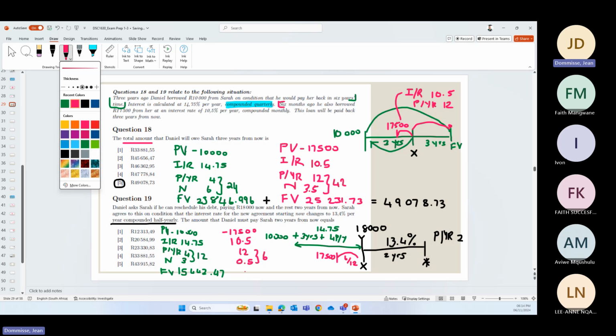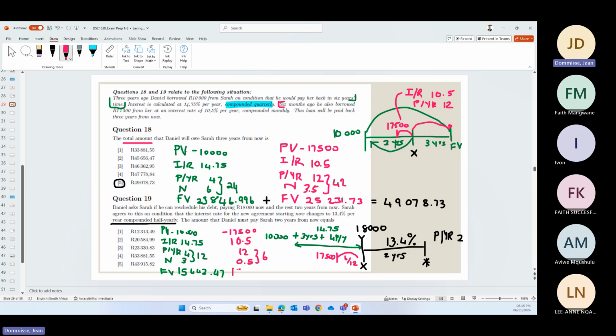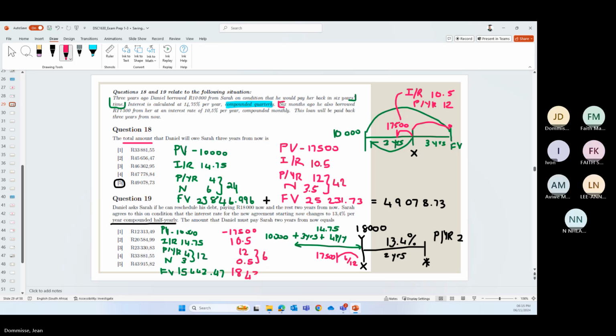So 17,500 minus, that's our present value, 10.5 interest, 12 times a year, but for only half a year, so that is 6 periods. And then our future value for this one is 18,439.08. Okay, again, I would have thought there is an option.